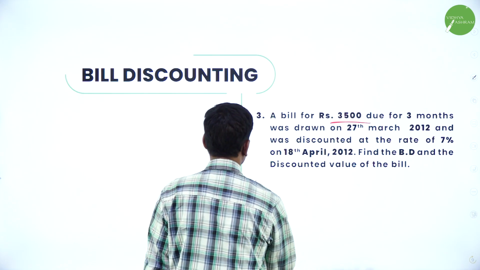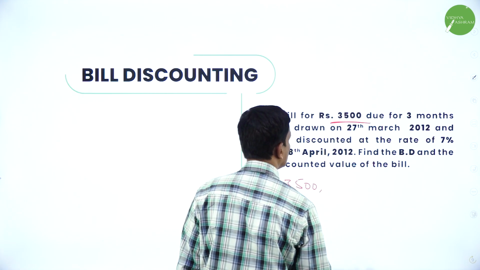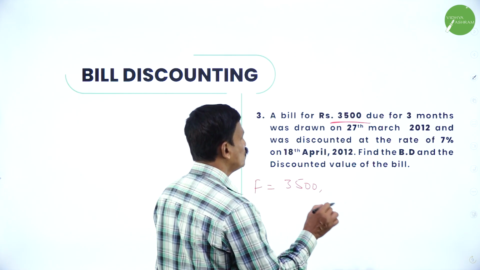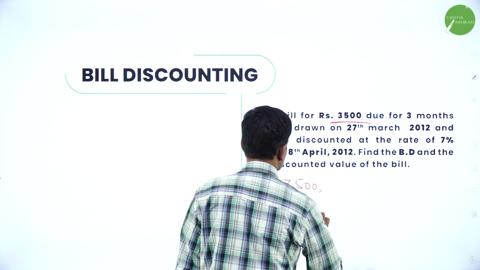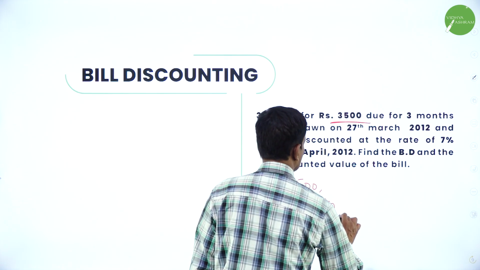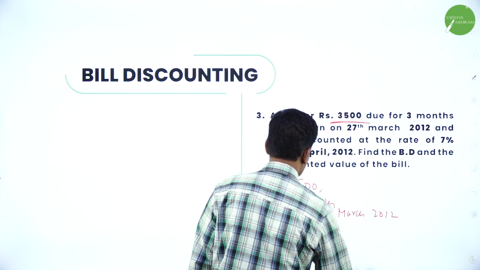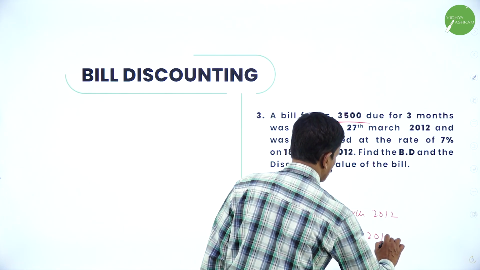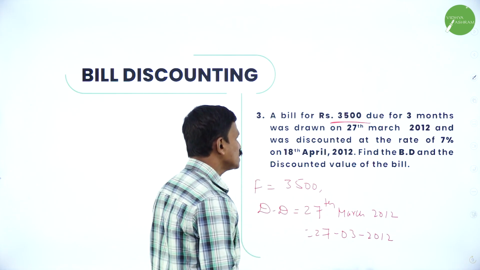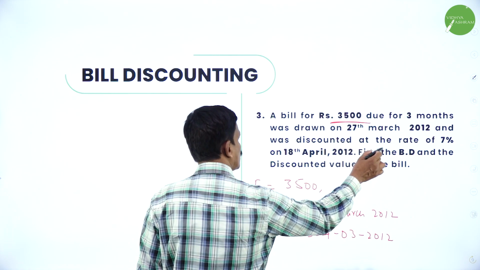So here, what is given? The face value is given. How much? Rupees 3,500. The due date is 27/03/2012, for 3 months, and it was discounted at a rate of interest.